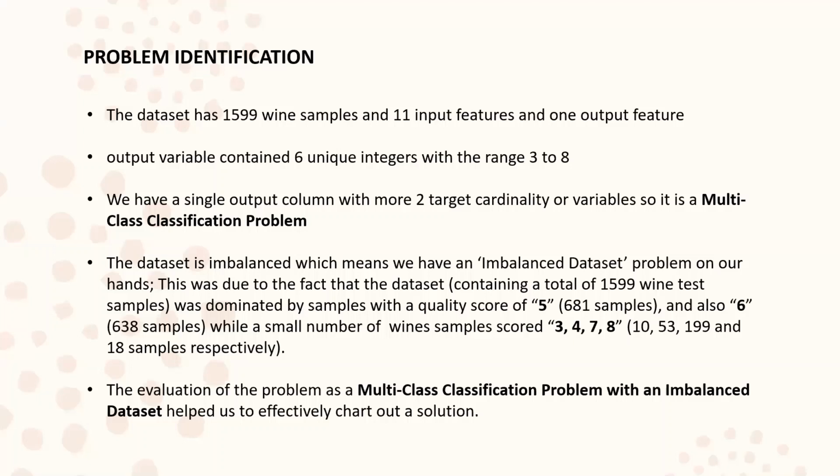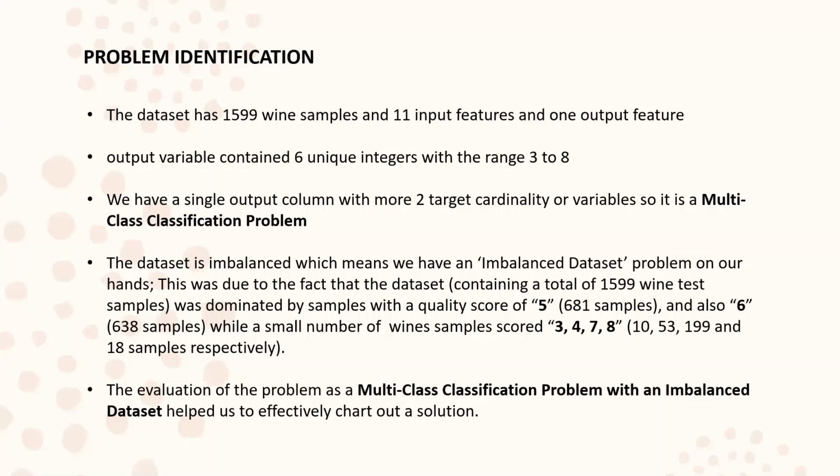So we also identified that there was an imbalanced distribution between the values of the outputs, like the quality scores of each sample. We identified that there were very high counts of scores 5 and 6, as shown on the screen, while scores of 3, 4, 7, and 8 were very low relatively compared to 5 and 6.